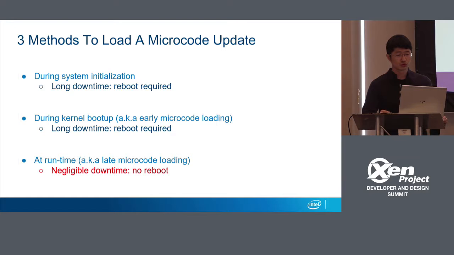Actually, regarding loading a microcode update, there are 3 typical ways in terms of when we do the update. The first method is updating microcode during system initialization. For this method, you should get a new BIOS from your OEM, and you also can get microcode updates from Intel's website.